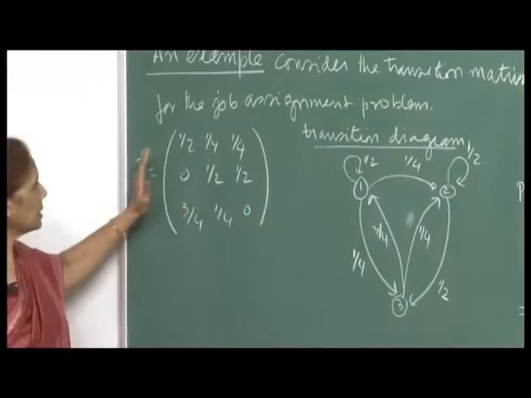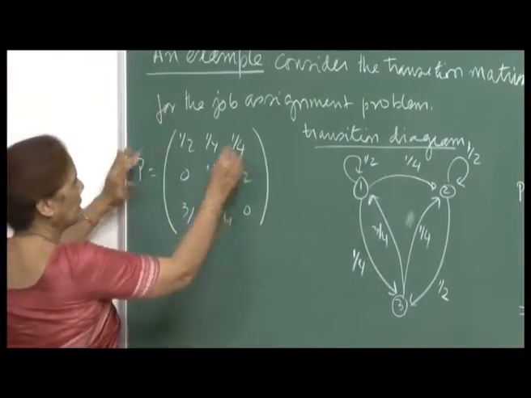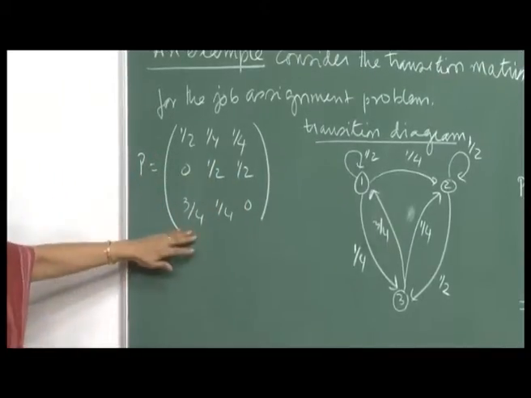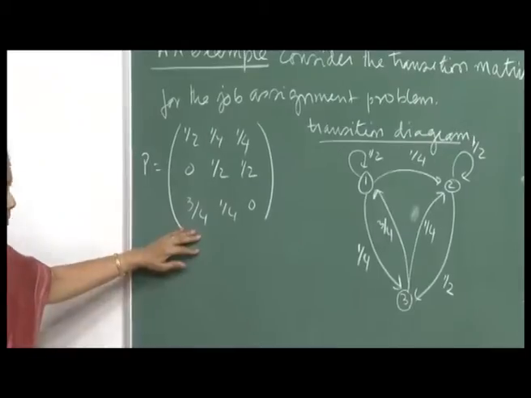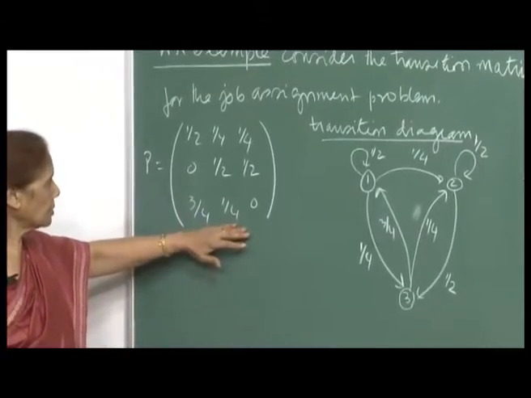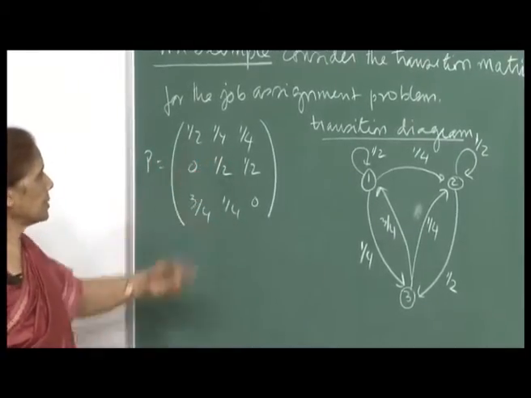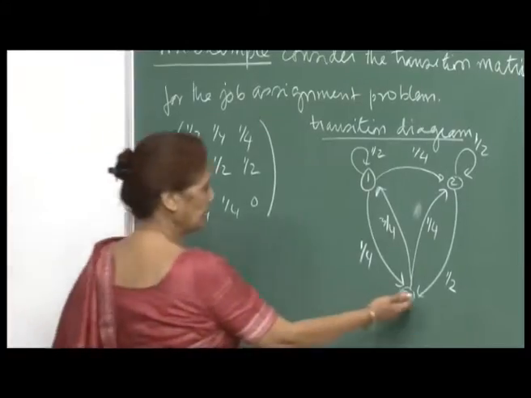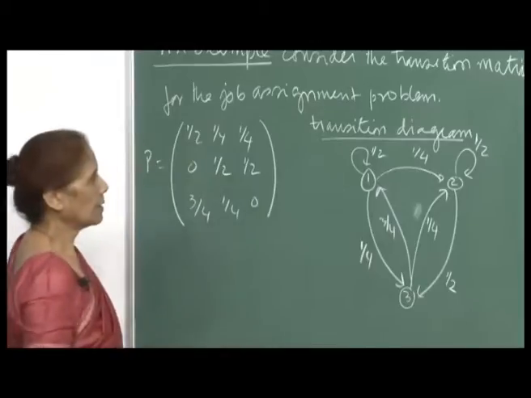Otherwise, you see that all these probabilities add up to 1, the rows must add up to 1. So, this is a valid transition matrix, entries are either positive or zeros, and the row entries all add up to 1. The accompanying transition diagram is given by this.